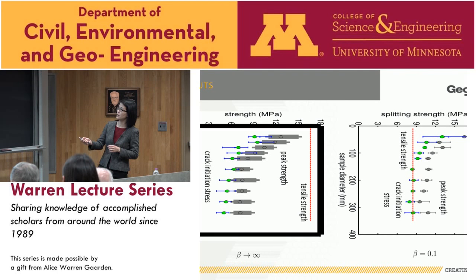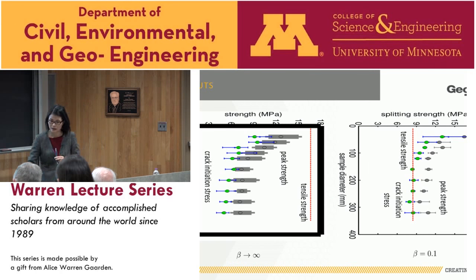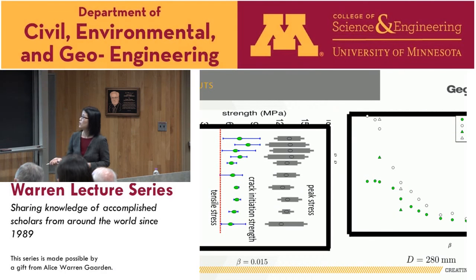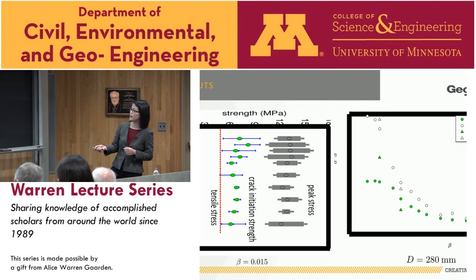Now, when beta equals 0.1, that's the case I told you when the failure mechanism is in transition, and in that case the uniaxial tension actually agrees very well with whether it's crack initiation or peak strength from the Brazilian test. And in the case when beta is 0.015, that's with the center crack, and the uniaxial tension gives you a strength that's much lower than the strength you would get from the Brazilian test.